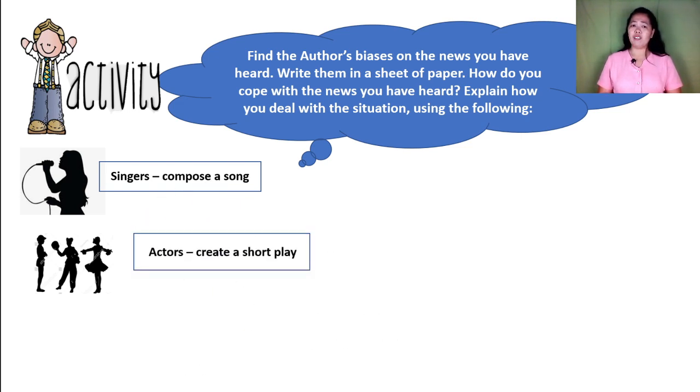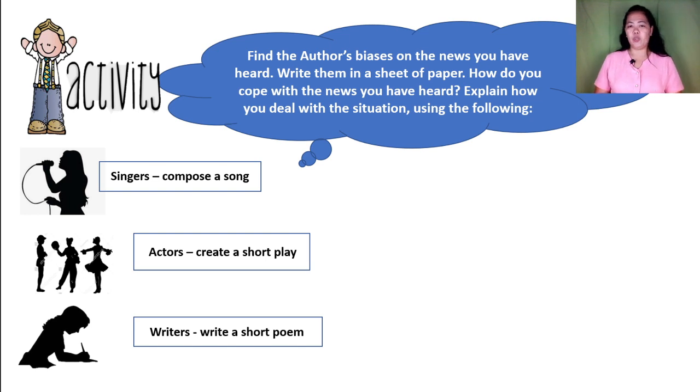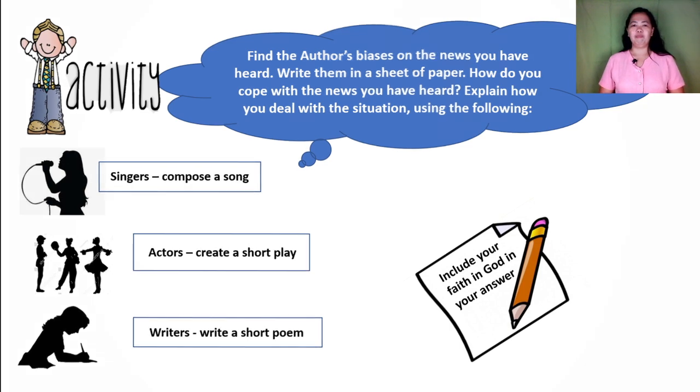For actors, you can create a short play. And for writers, write a short poem. And please do not forget to include your faith in God in your answer. Remember, class, you only have to choose one of these activities. And for you to be guided in this activity, here is the rubric.